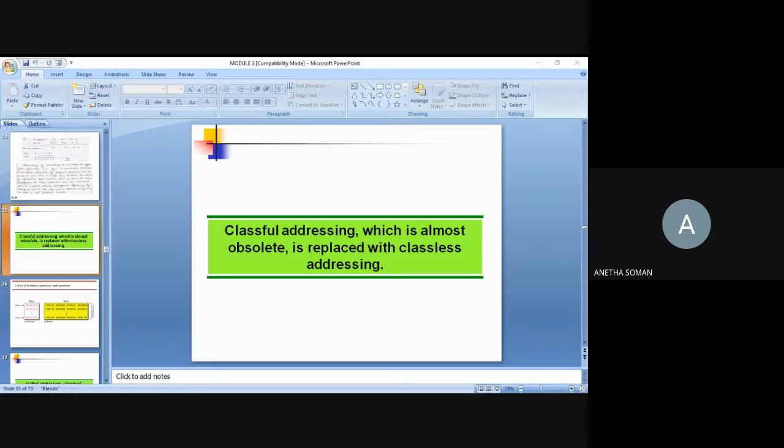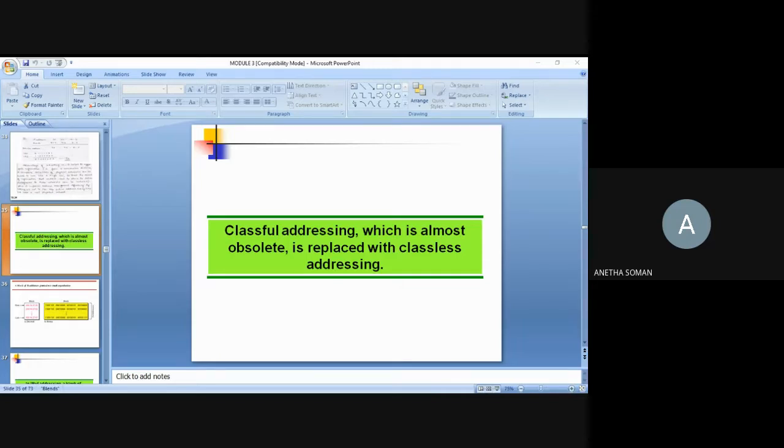So we will go on to classless addressing. What happens if a business organization requires only 16 addresses or 32 addresses? In our household case, if we require only 2 addresses, and more addresses are provided, they will be wasted.